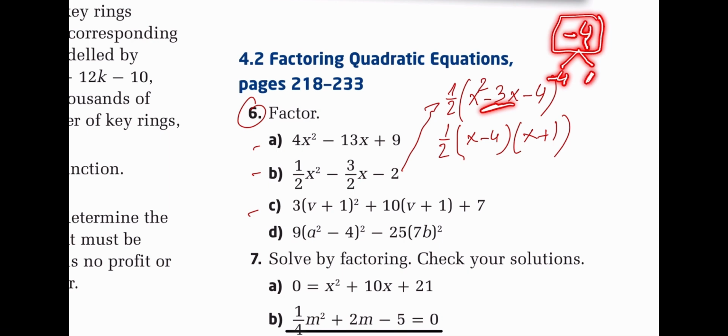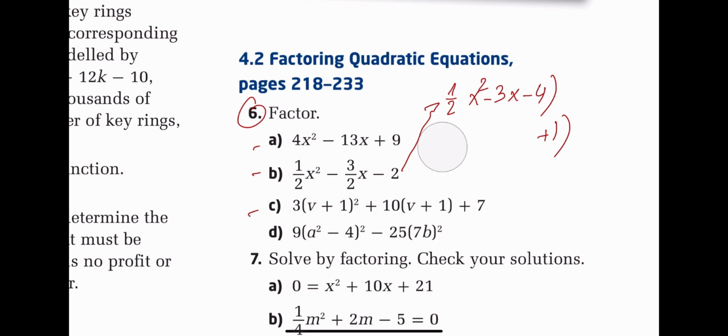Minus 4 times 1 is minus 4, and minus 4 plus 1 is minus 3, so I got my correct information. Because my leading value in front of x squared is just 1, I can take my values directly from here and write them as a multiplication. Okay, good. So let me do another one.